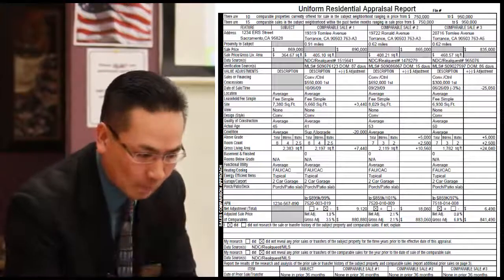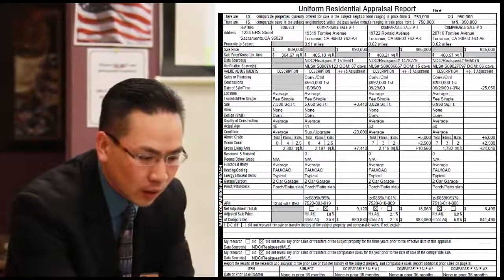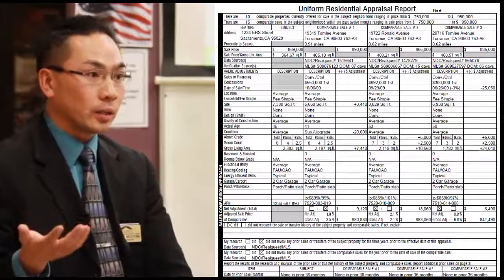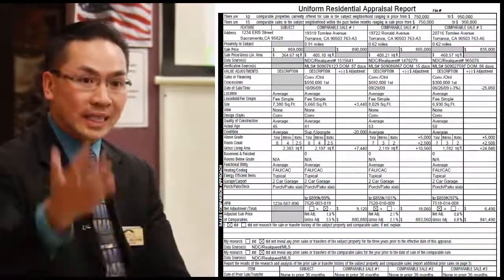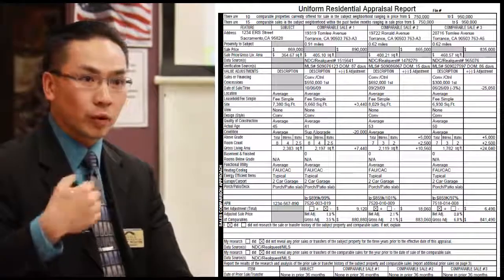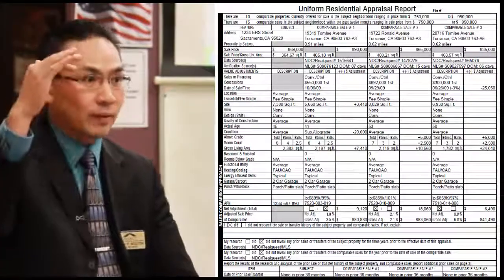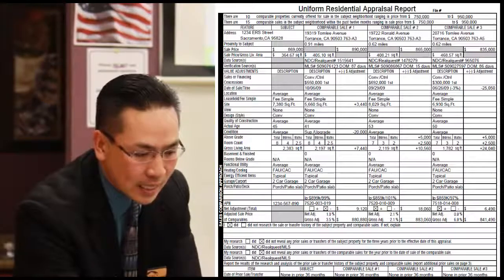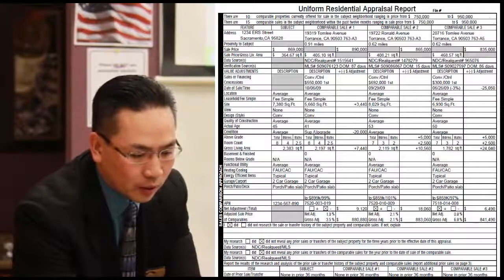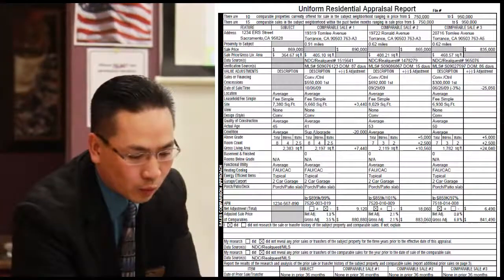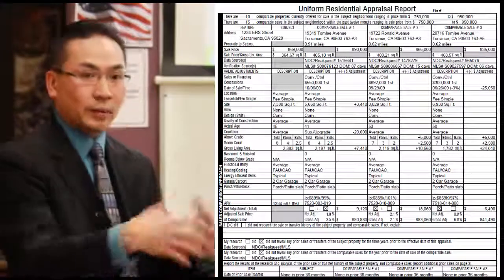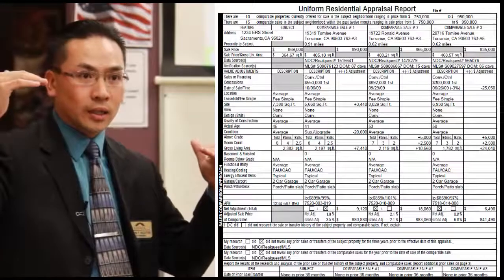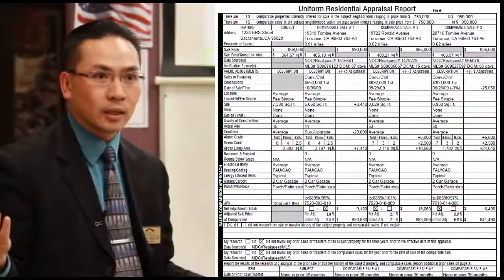And the way appraisals work is, if the property that you're comparing with is superior, in better condition than your subject property, you're going to deduct. You're going to take away from that sales price value. So in this example, it sold for $890, and because it's in superior condition to our subject, we're going to minus $20,000 from that $890, meaning that to compare it, the value will now be $870 instead of $890, just because it's superior in condition.